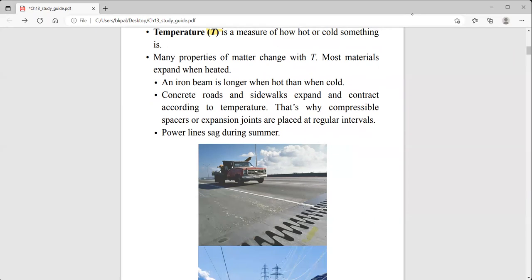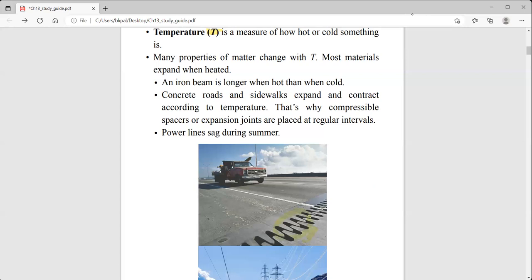Most materials expand when the temperature increases, and contract when the temperature decreases. For example, during summertime, because the temperature is higher, you expect objects to expand. To facilitate that, we need some expansion joint, something like this.